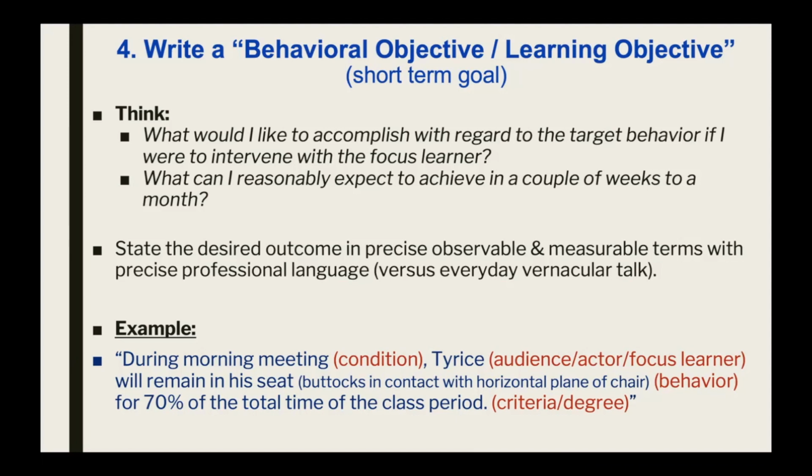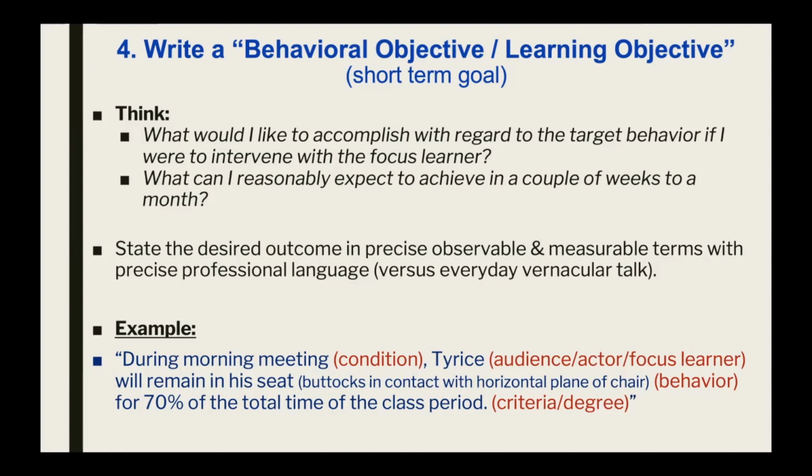And then the behavior that we will see a couple of weeks or a month from now will be remain in seat. Yeah, that's a little bit vague, though. I mean, if a student's sitting up on the back of the chair and has the feet set on the horizontal plane where typically the buttocks are, is that still in seat? Or when we say in seat, does it have to be 1 foot on the floor?